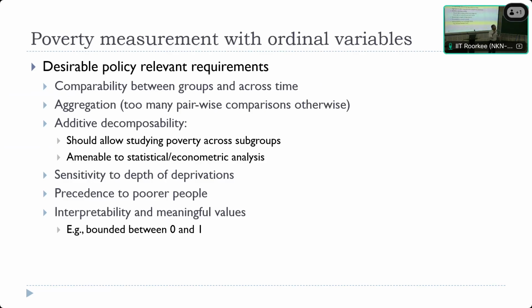We cannot be blind to measurement. We have to first decide what we need, then choose measures. So what do we need here? Of course, whatever poverty figures we get, we need them to be comparable across groups and across time.